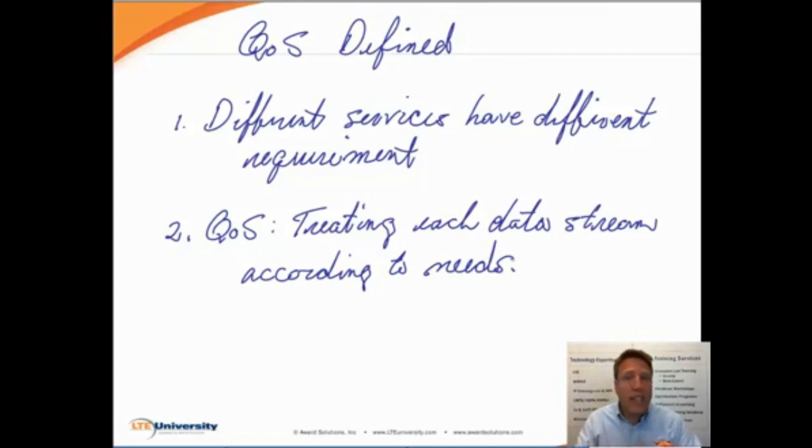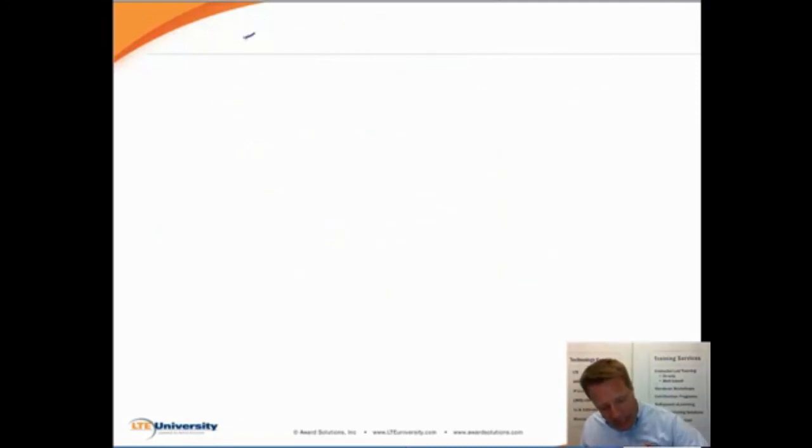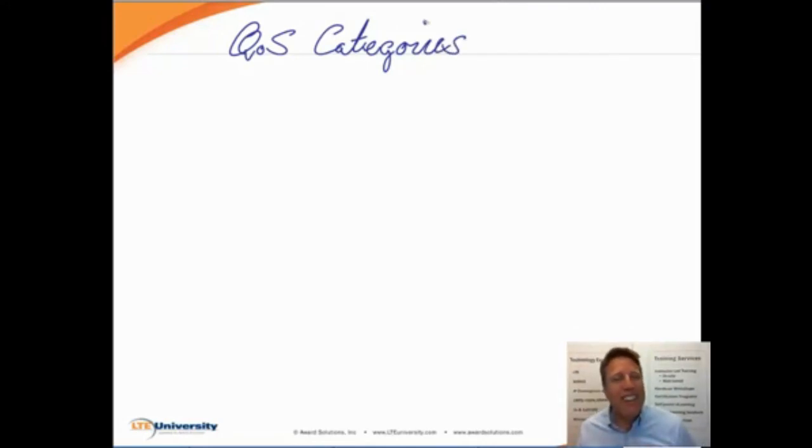We're trying to treat each data stream according to its needs so that the users have an effective and successful experience. Okay, so when we talk about what are those needs, we can really look at 4 categories. And you're probably thinking of some. In fact, I'll pause for a second. What types of characteristics would make one service different from another?